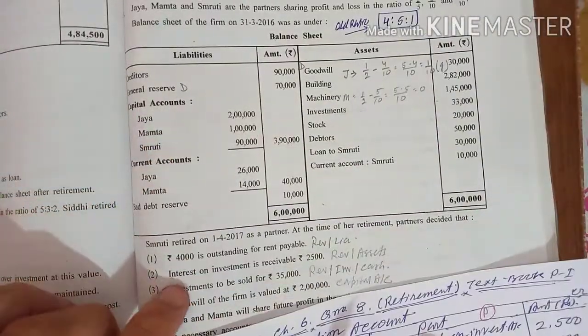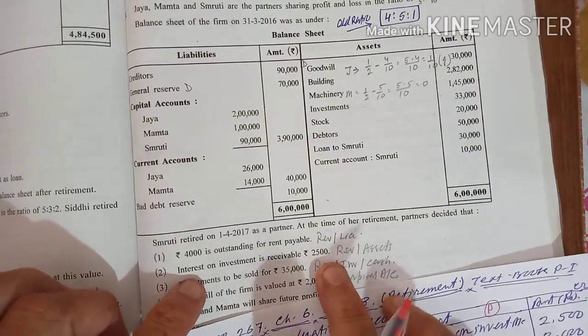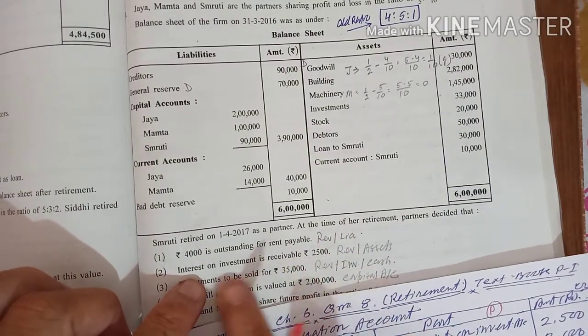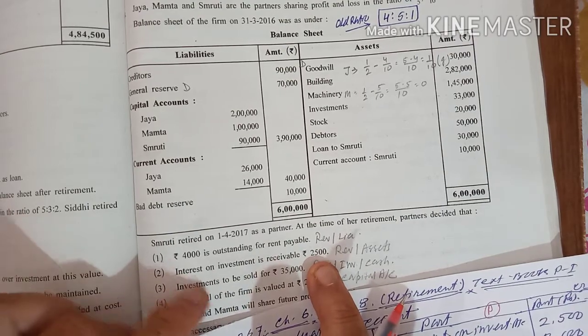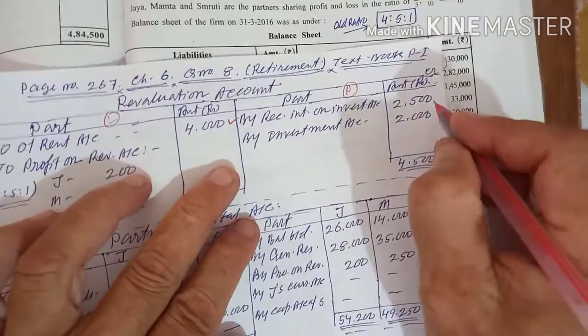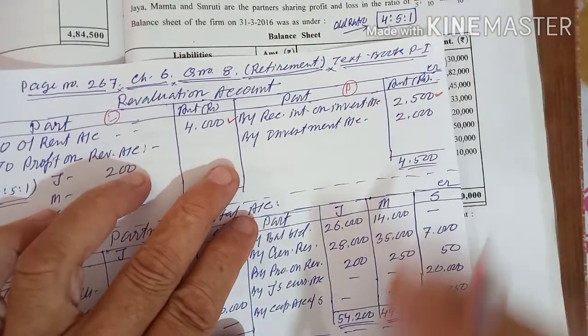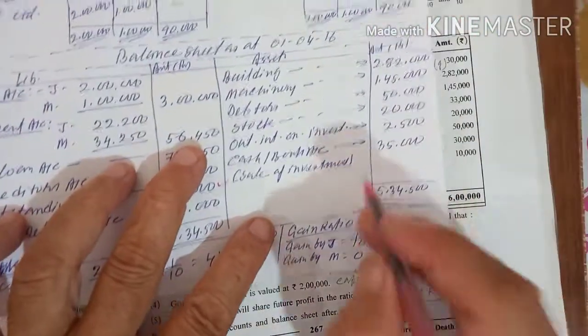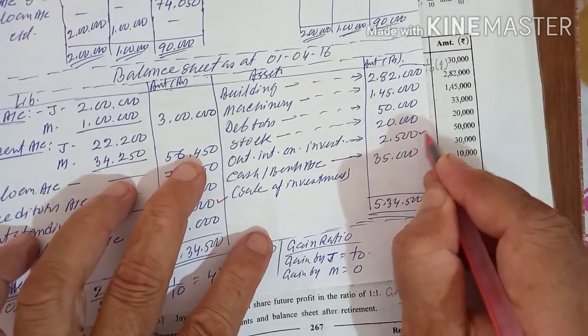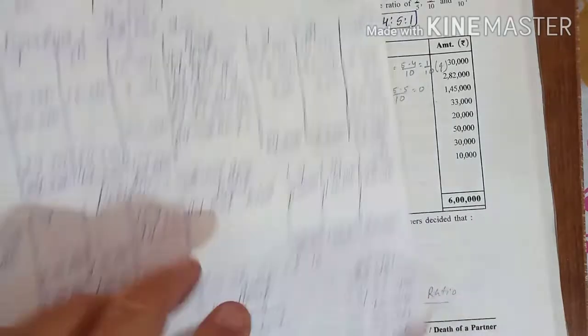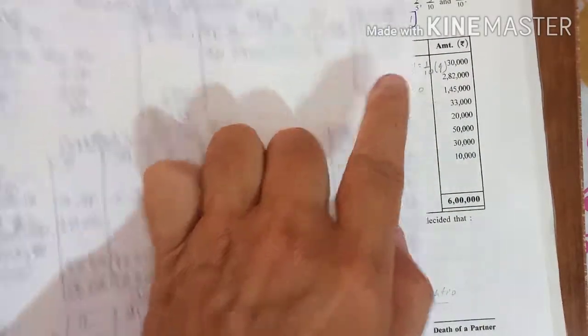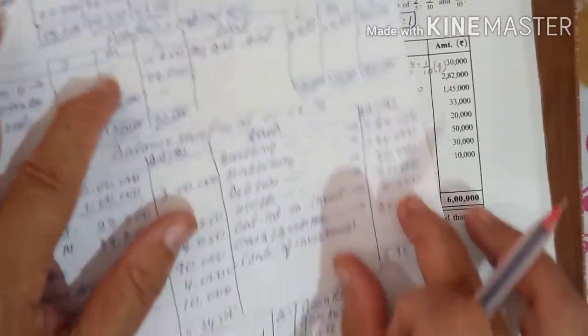Next, the interest on investment receivable of rupees 2,500. This is an income you are going to get. So on the revaluation account, the credit side shows interest on investment of rupees 2,500, and on the asset side 2,500 comes as the second effect. So this is your first effect and this is your second effect.